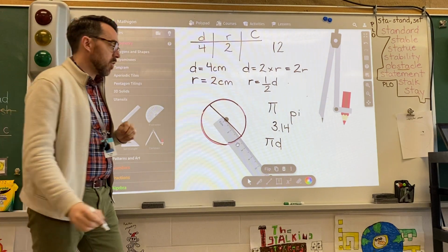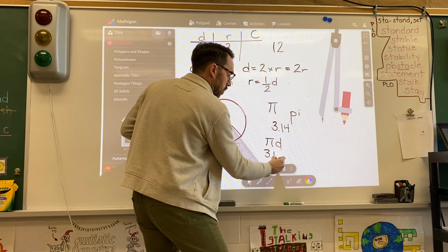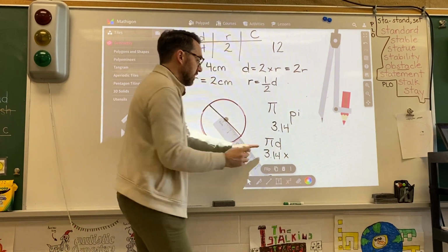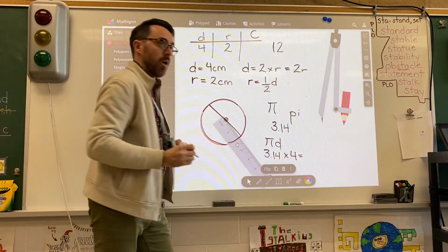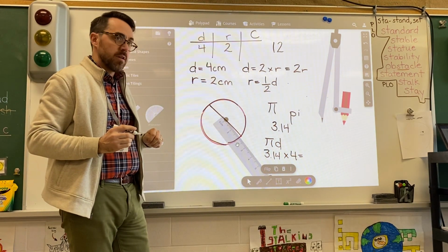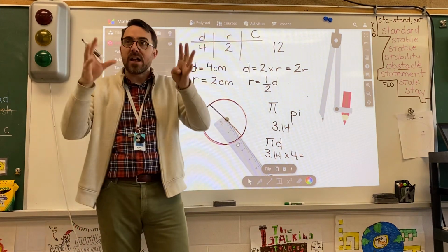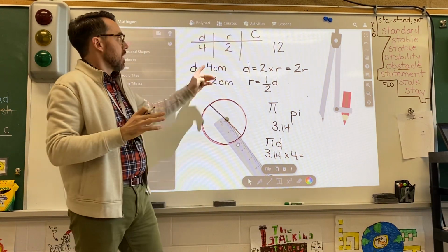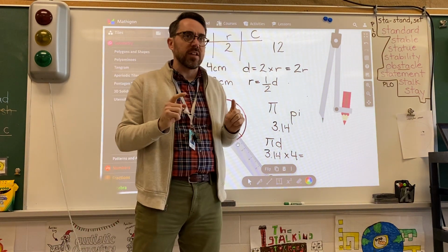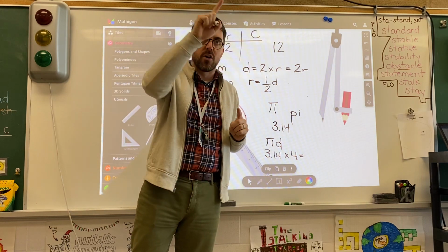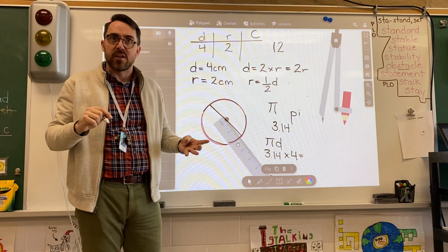In other words, that also means 3.14 times, in this case, d is 4, times 4. So pi is a number that automatically substitutes for about 3 times that we can use to calculate circumference of any circle if we know the diameter or the radius.